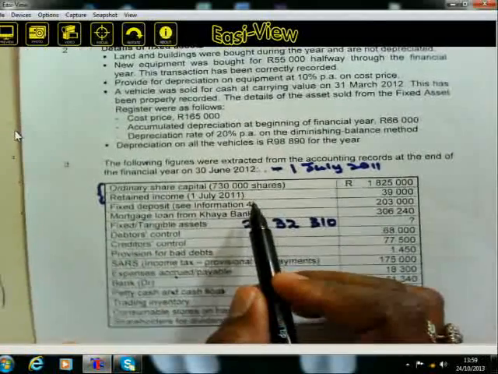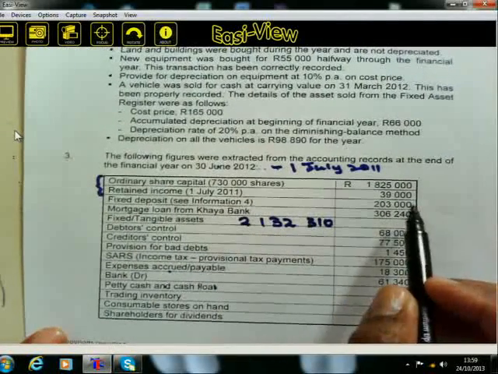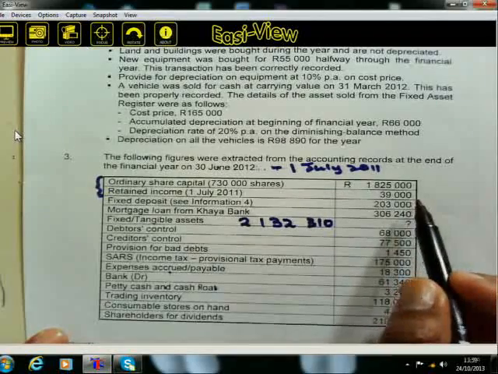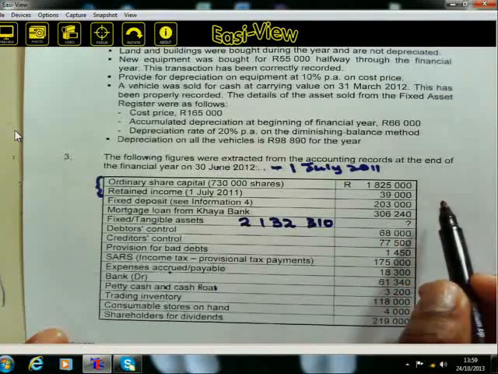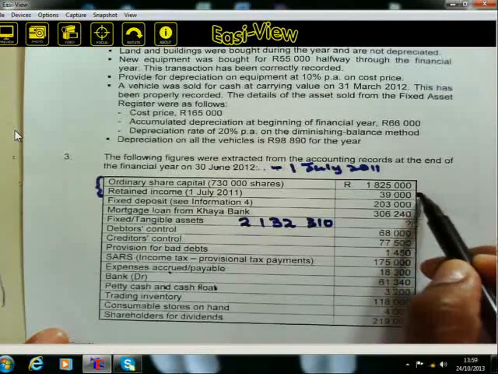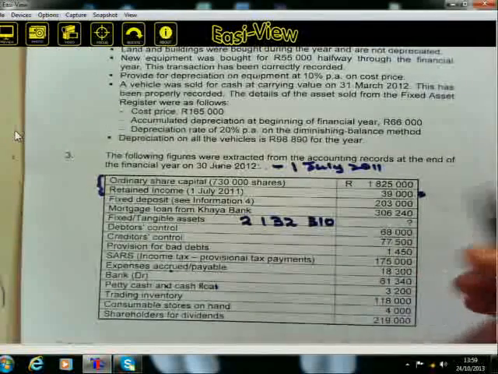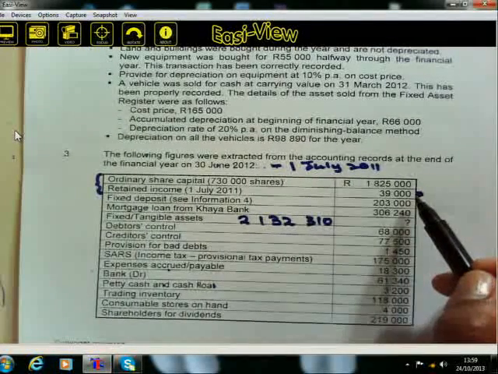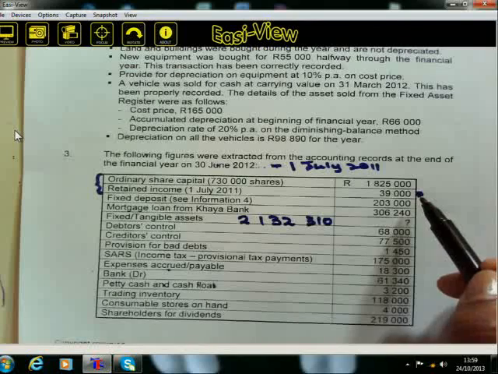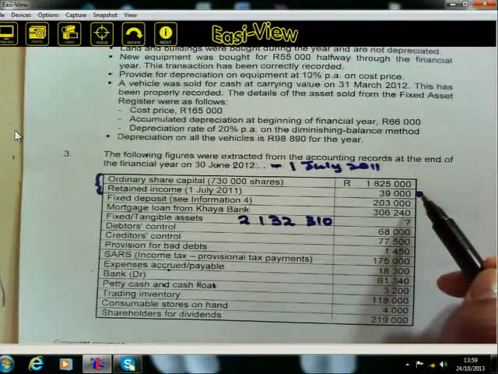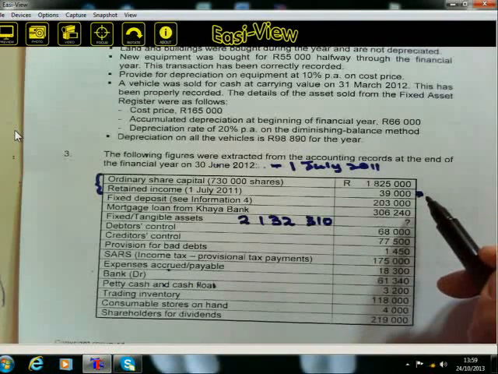And because I'm also not going to do the retained income, I will just say, because this retained income at the beginning, remember we use it when we prepare the appropriation account or the retained income note. So this is not the actual amount that we must use, because we must take this retained income at the beginning, add it with the net profit, then subtract the income tax and the dividends for us to get the retained income at the end.